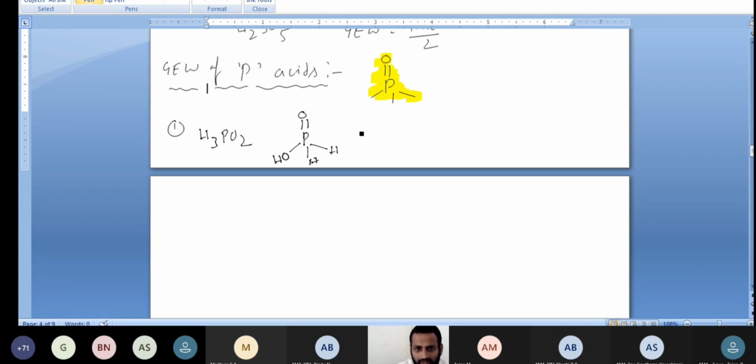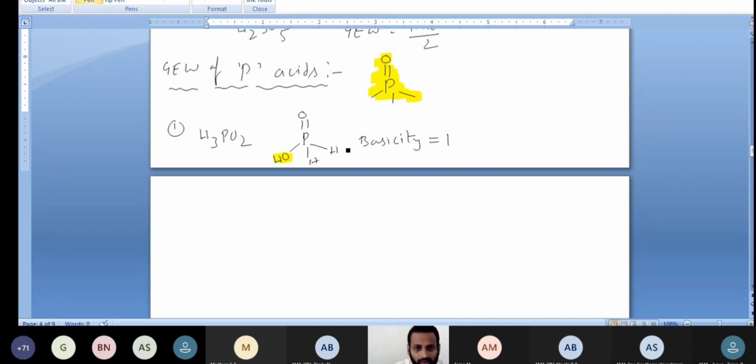So in this kind of molecule, what will be the basicity? Here basicity will be 1 only. Why is basicity 1 here? Because in this, if you see, there is only one OH group, correct? Means how many polar bonds you have?